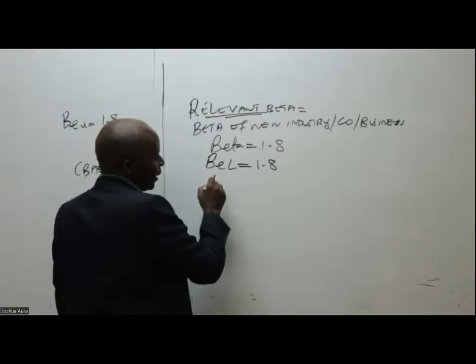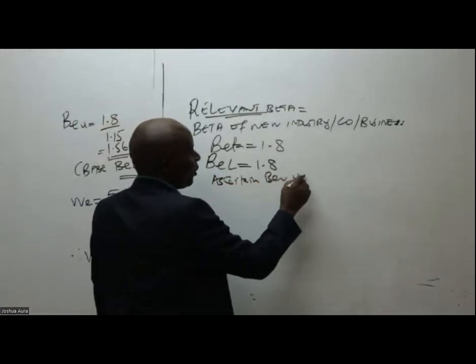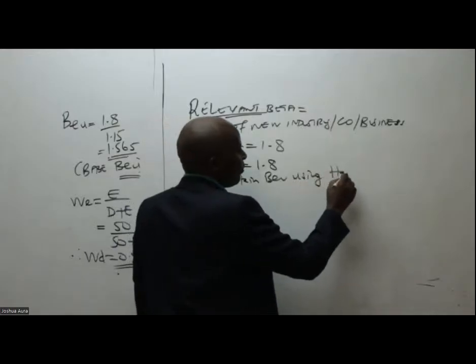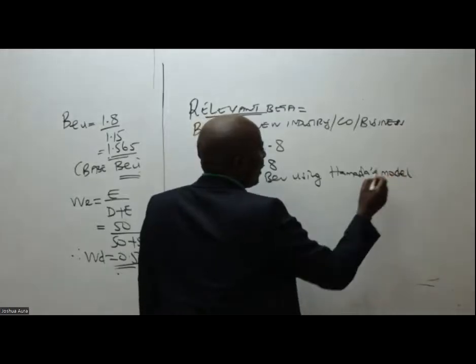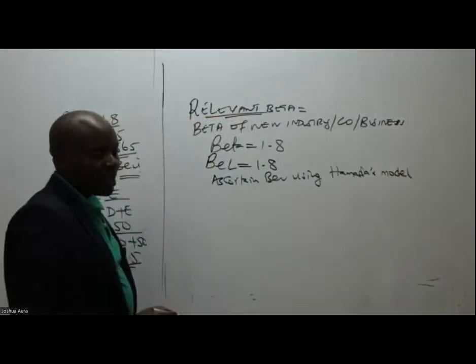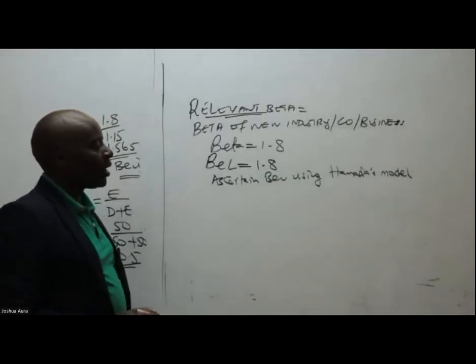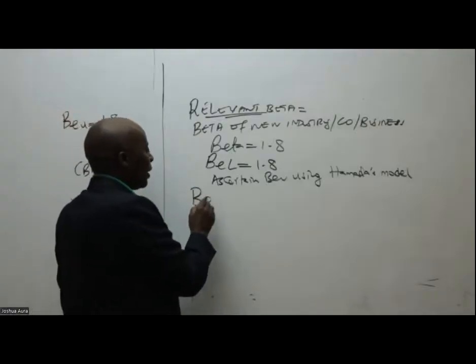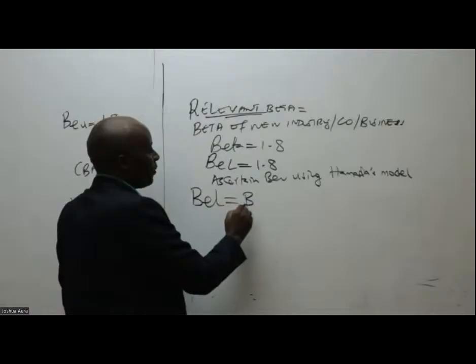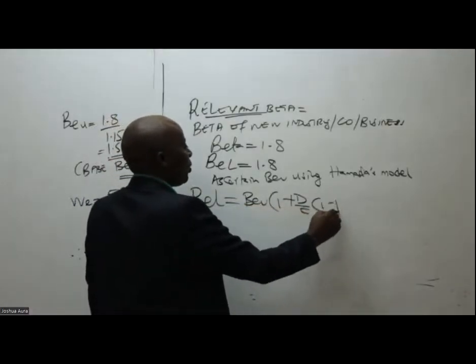So in this case, ascertain BEU using Hamada's model. This is how Hamada's model looks: BEL equals BEU into 1 plus debt to equity ratio, 1 minus tax.